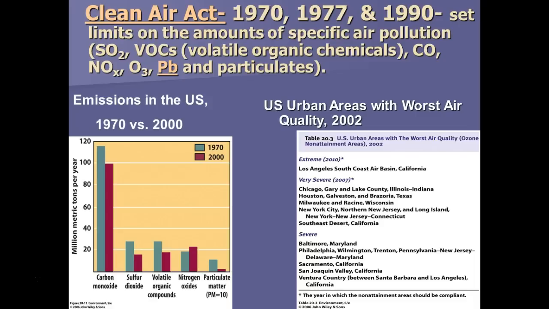Then it was updated again in 77 and 90, increasing the ability of the law to decrease bad emissions, particularly getting rid of the SOx and NOx, because during that time from 70 to 90 we realized that we certainly had an issue with acid rain, and basically what they were trying to do is get rid of that.